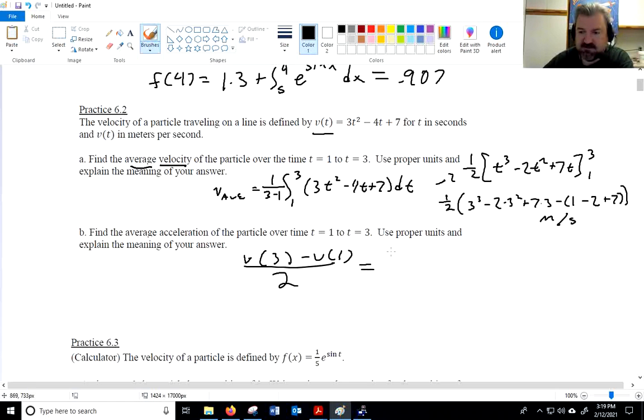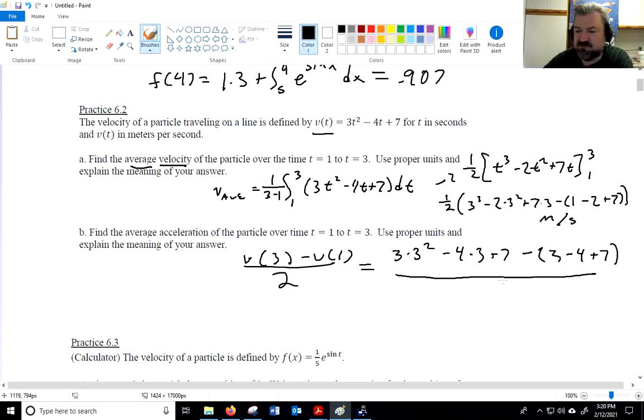So that would be 3 times 3 squared, or 27, minus 4 times 3 plus 7, then minus 3 minus 4 plus 7, which is similar to what we had over here, but not exactly the same. All over 2. And the units there will be meters per second squared, because we're dividing meters per second by 2 seconds.